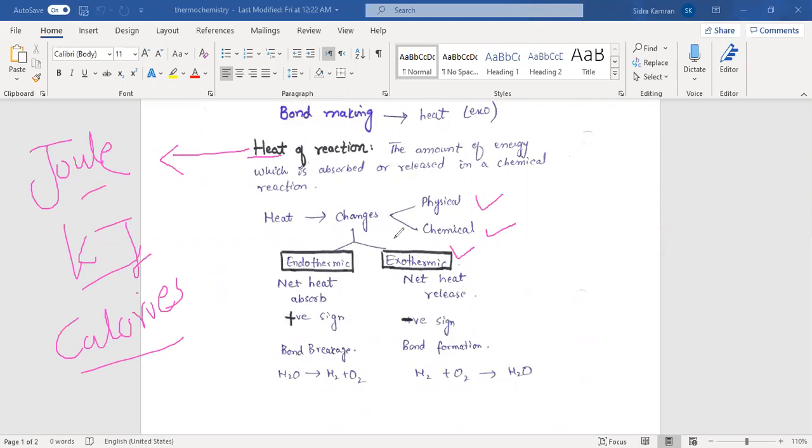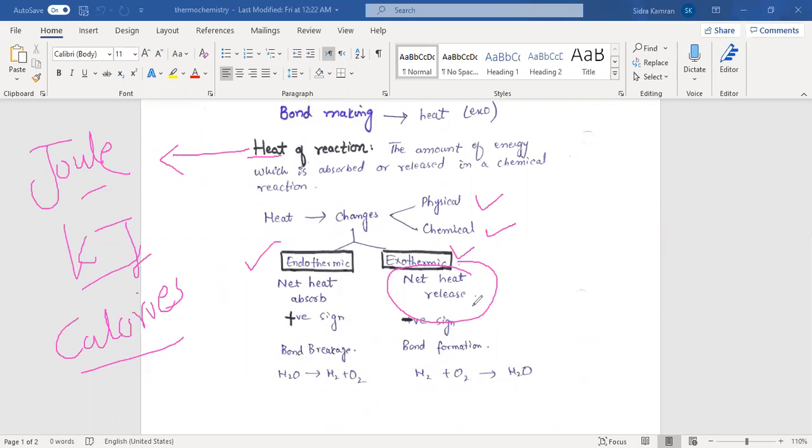As I'm saying, the changes are endothermic or exothermic. If the change is exothermic, it means the reaction in which energy is released in the form of heat. In an exothermic reaction we discuss the net heat, how much energy is released.